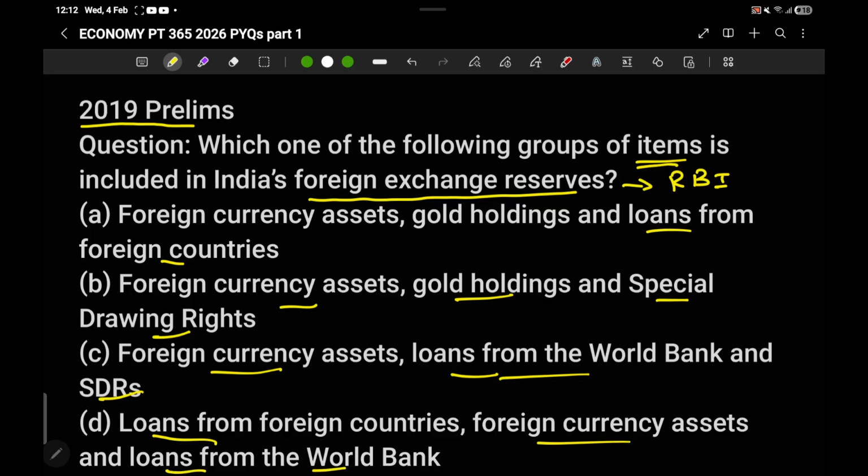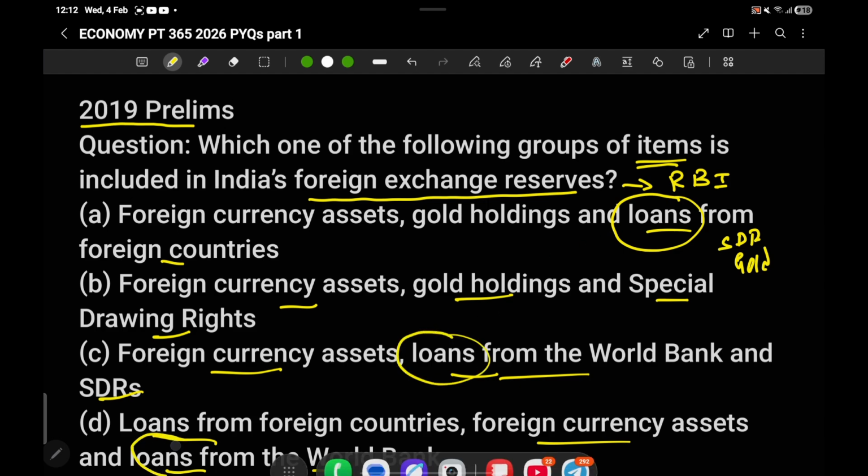We have learnt in the last class that RBI holds the foreign exchange reserves in terms of foreign currency assets, SDR, and gold. There was no mention of any word like loans. If you remove this option we are going to land on option B.